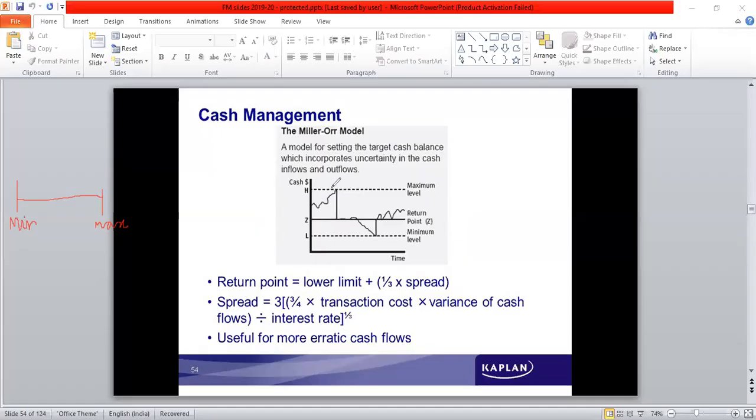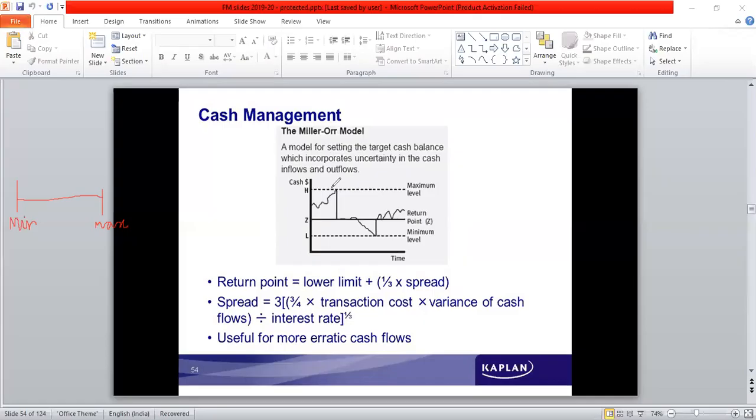They would not be helping the business in any way. Idle funds, no profit earned on those idle funds. So now what has to be looked into is the amount of cash balance. It should be ensured that it lies between the minimum level and the maximum level.